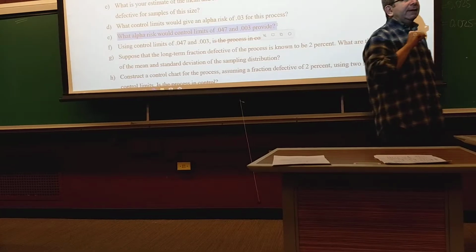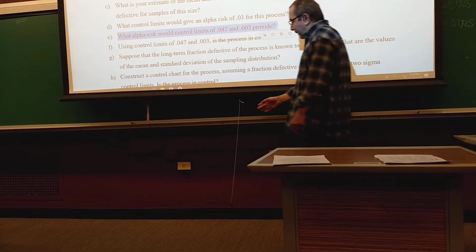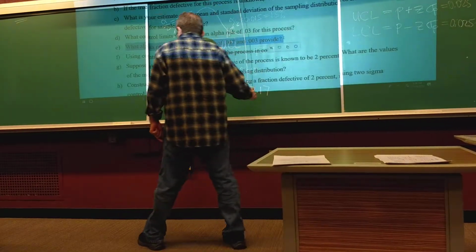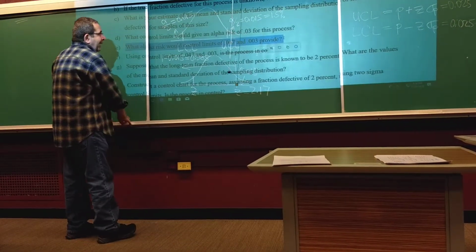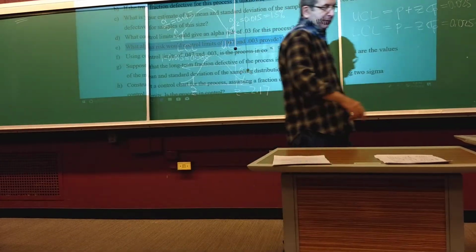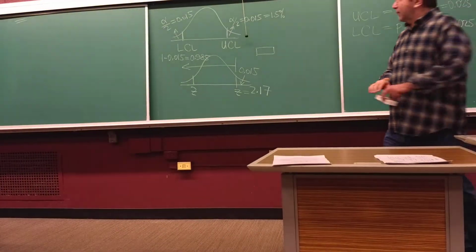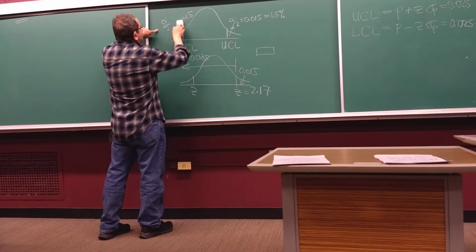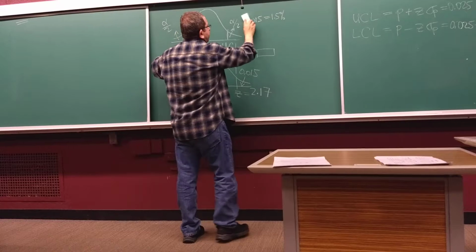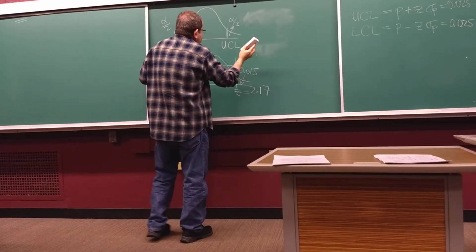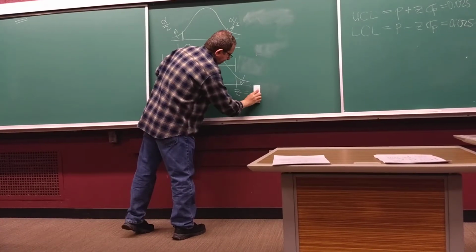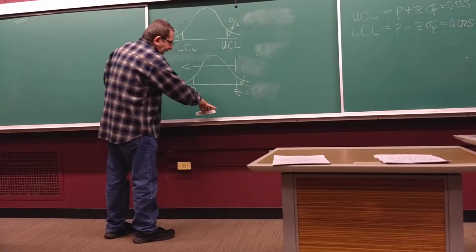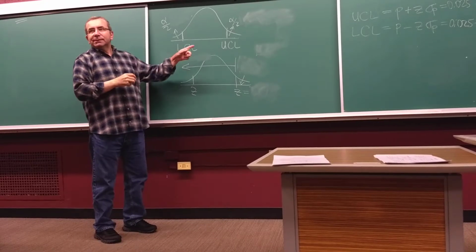So here, they give us the upper and lower control limits, and they ask us to find the alpha risk. In this case, we don't know what the alpha risk is. But we know the upper and lower control limits.